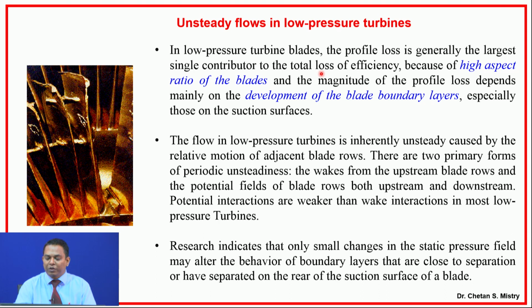Now, the flow is inherently unsteady, caused by the relative motion between adjacent blade rows. The two primary forms are the wake coming out from the upstream blade, and the potential flow between upstream and downstream, and the interaction of this potential flow with the wake region. We will see this in detail.